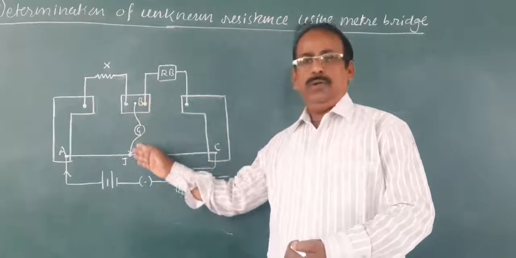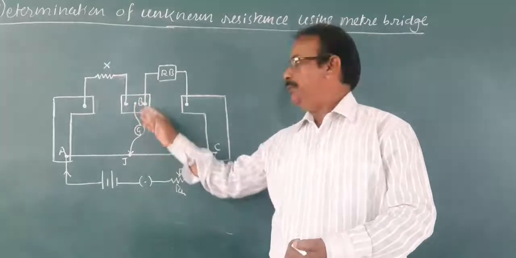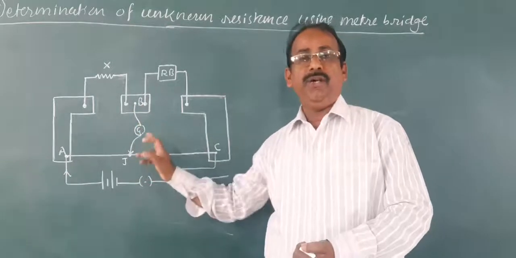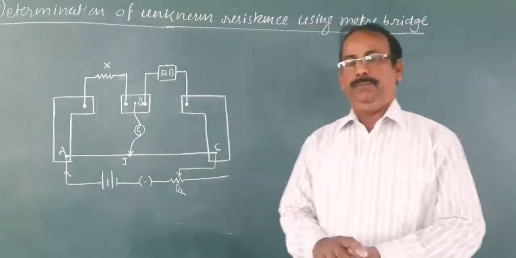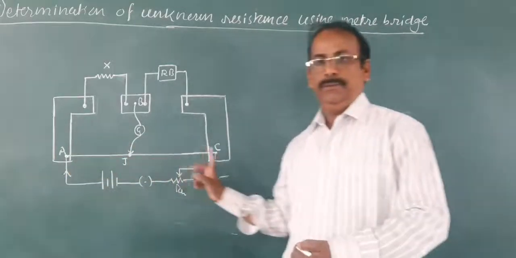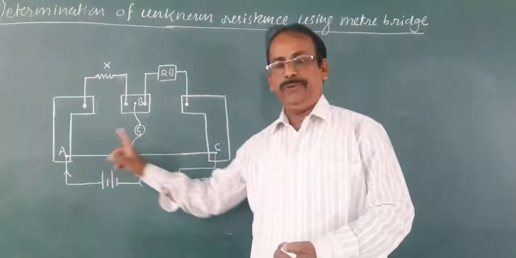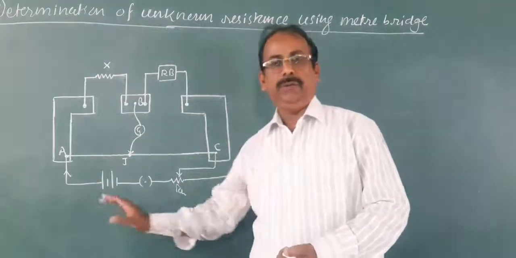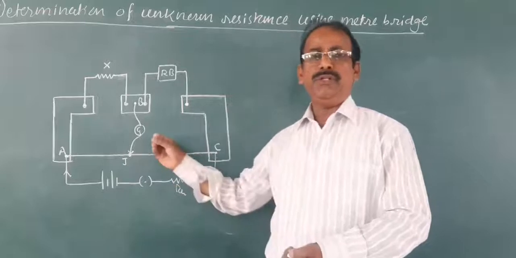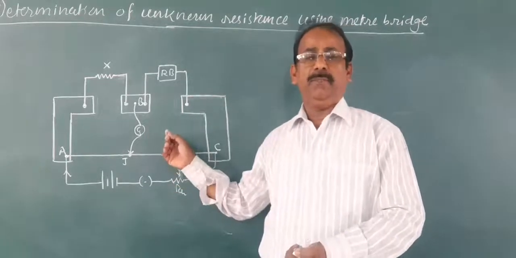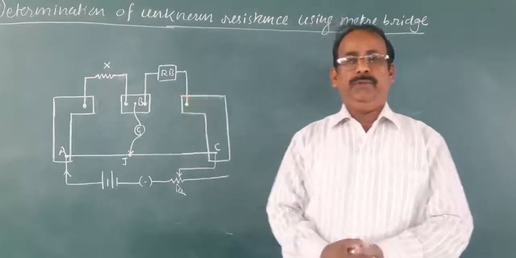Also, these are the diagonal points. In between these 2 diagonal points, galvanometer is connected. And A and C are also diagonal points. In between A and C, there is a battery. This is Wheatstone's network. This meter bridge works on the principle of Wheatstone's network.